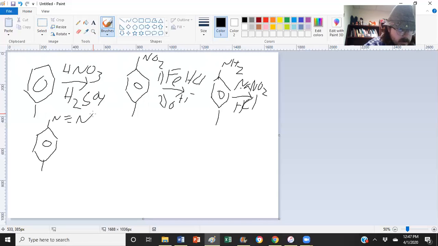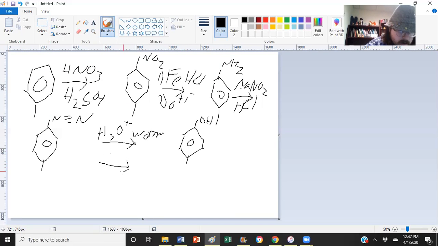And from there, we have whatever we want to do. So from here, I'm going to give you a series of reactions of what you can do from this starting point. I just mix this with warm water, warm acidic water. You can form a phenol. If I mix this with copper chloride, I can form an aryl chloride.